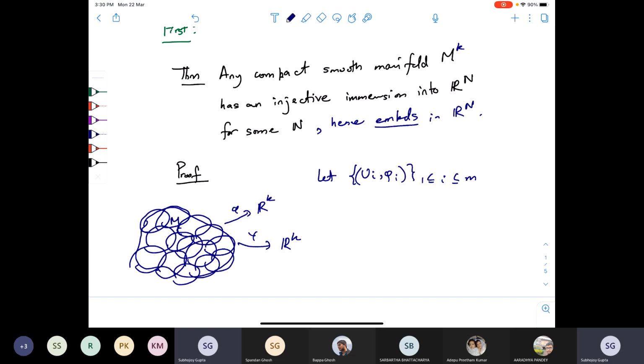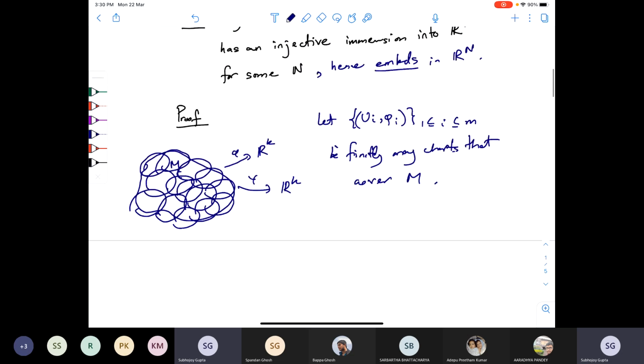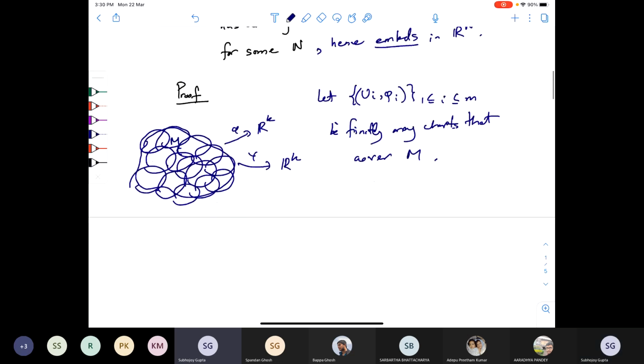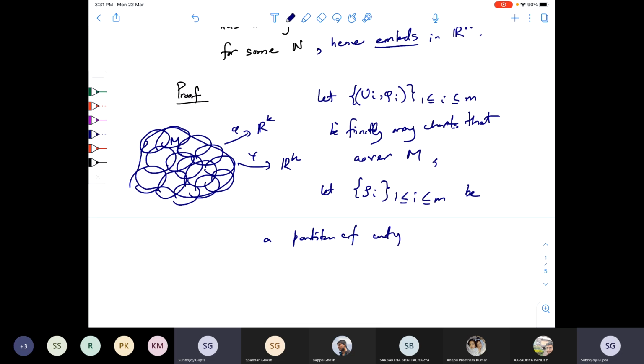Okay, so these are finitely many charts that cover M, and to ultimately patch these together, we will need a partition of unity. So let me call it rho_i, for 1 less than or equal to i less than or equal to m, a partition of unity subordinate to this finite cover.